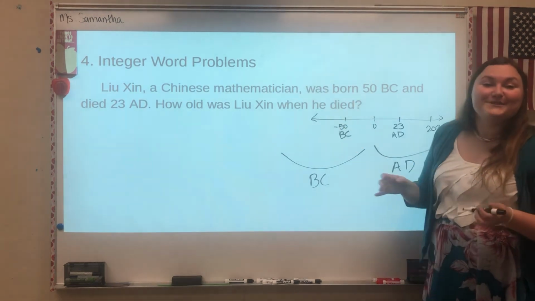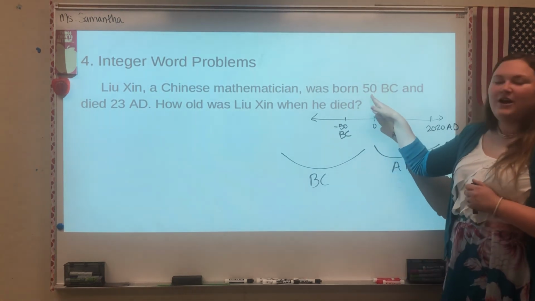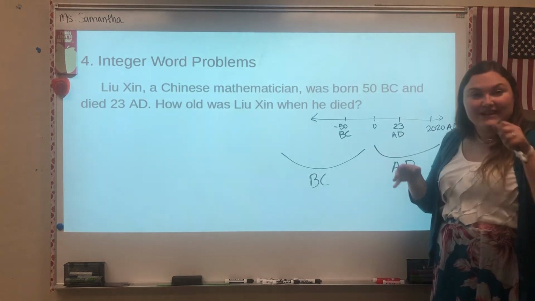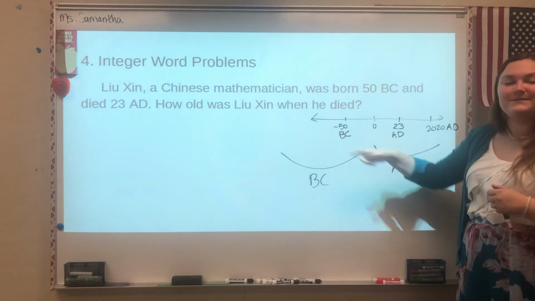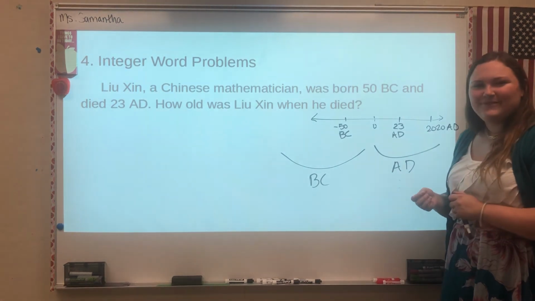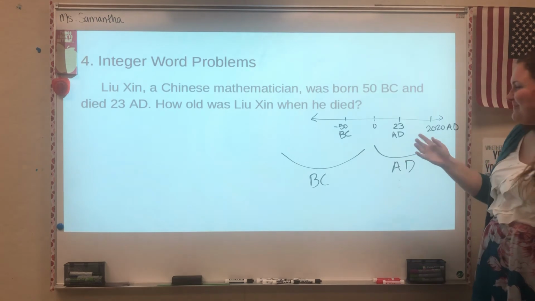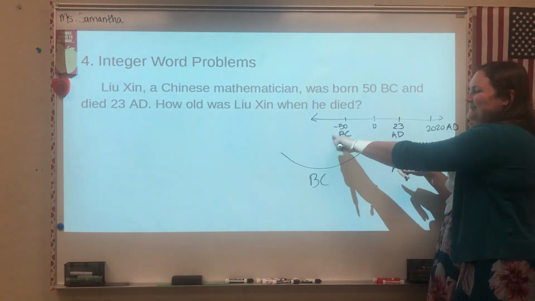When I was doing research on this question, I found that they sometimes use negative numbers in graveyards to mark the year if it's BC. So that's another place you could see negatives, although hopefully not. Anyway, for this problem, I just wanted to show this is a place where you could see negatives.